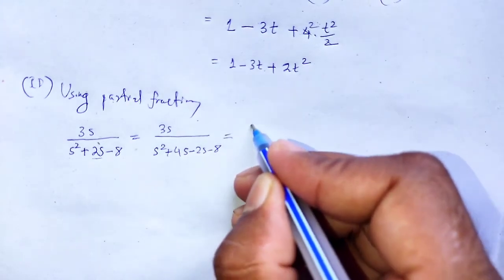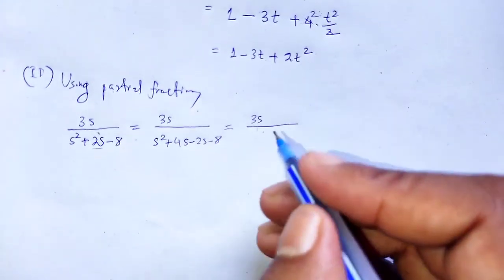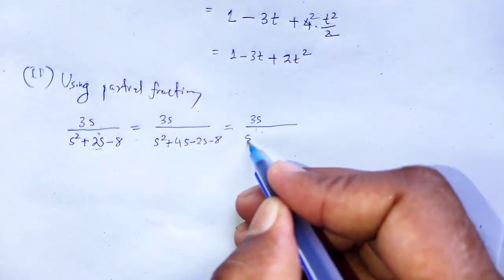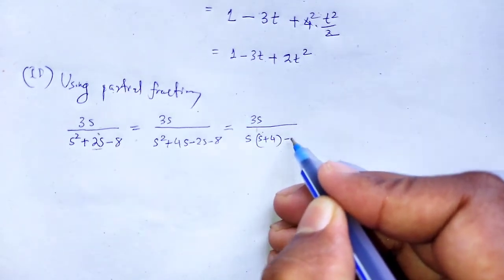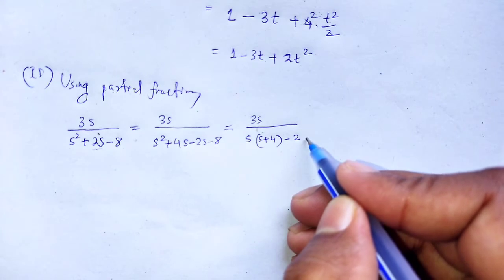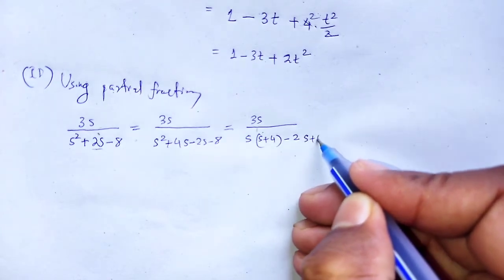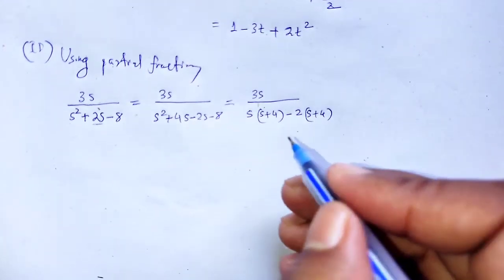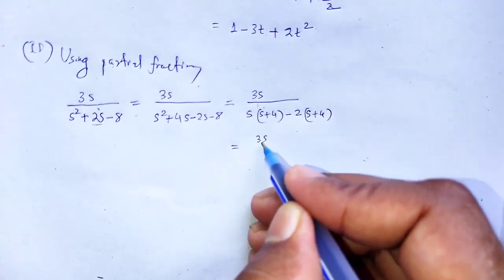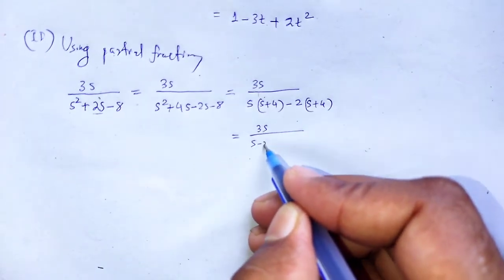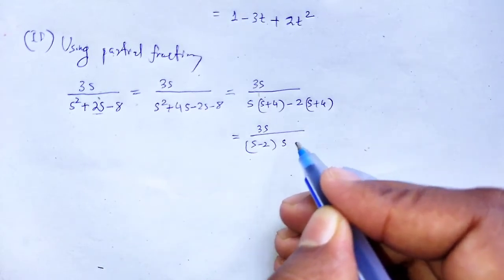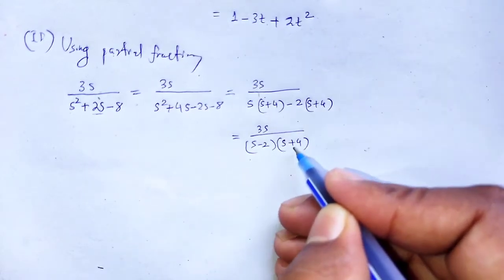That is equal to 3s divided by, taking s common and minus 2 common, s plus 4, that is equal to 3s divided by s minus 2 whole into s plus 4.